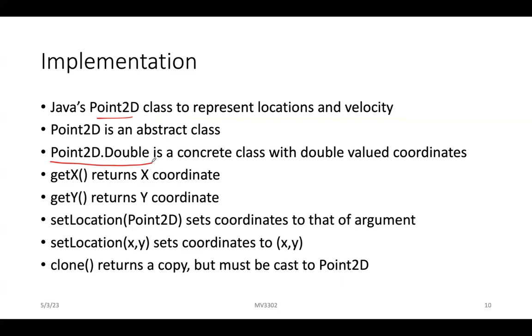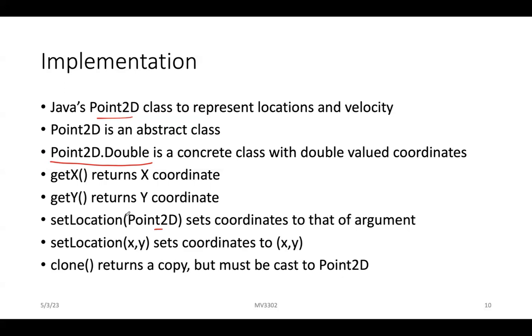Point2D.Double is a concrete class with double-valued coordinates. Point2D.Float has float coordinates, and the problem is that floats just don't have enough accuracy at all. For a point, I can get the X coordinate and the Y coordinate, which come back as doubles. I can set its location to another point. This turns out to be a very useful property.